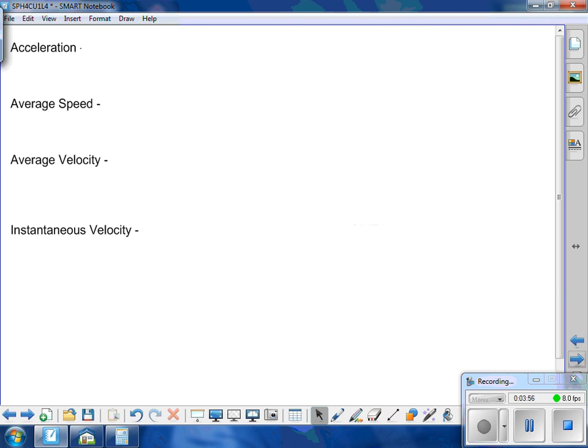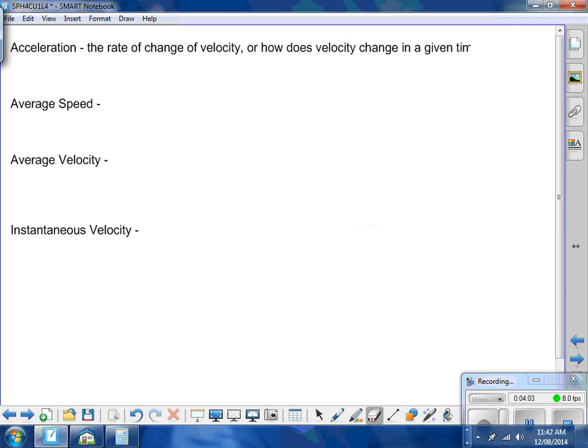Last four that I want to talk about. Acceleration. This is when you put the pedal to the metal, so to speak. It's the rate of change of your velocity, or how does your velocity change in a given time frame. So acceleration is how fast you are speeding up, basically. It is a vector because you need to be either speeding up or slowing down.